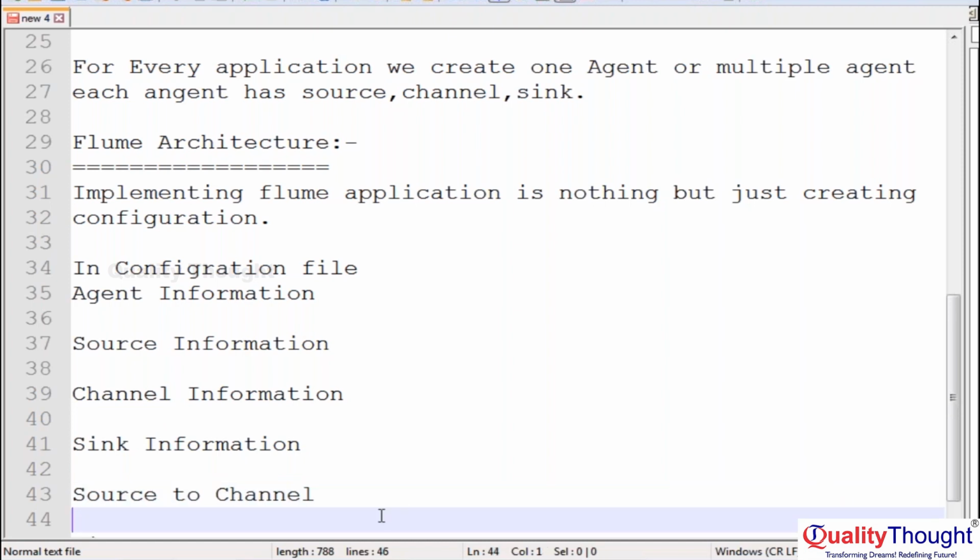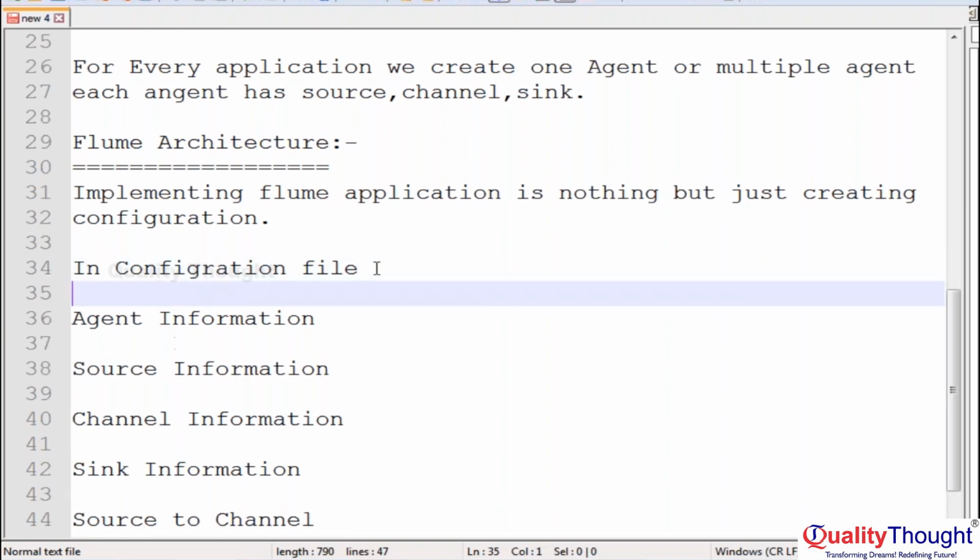This complete information we provide in the configuration file. That's it.